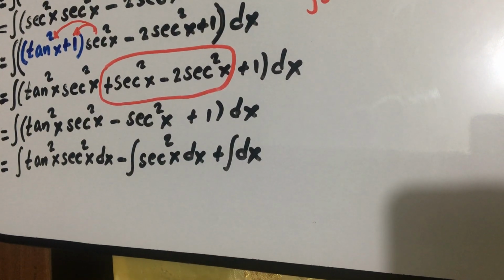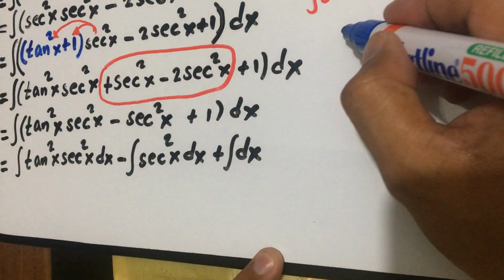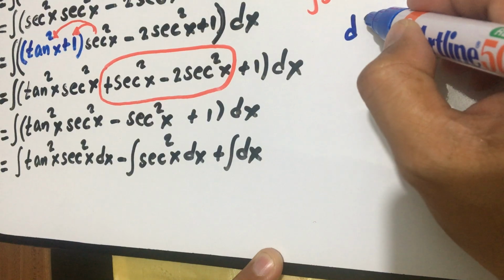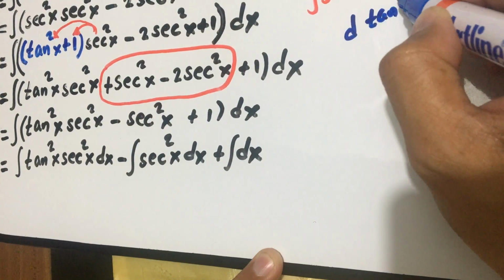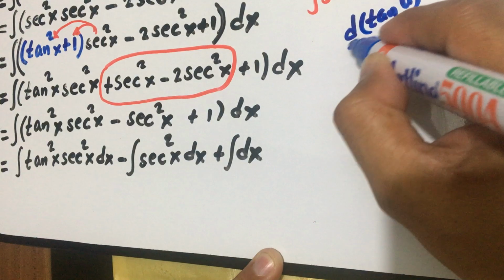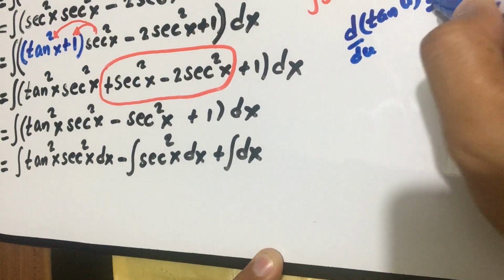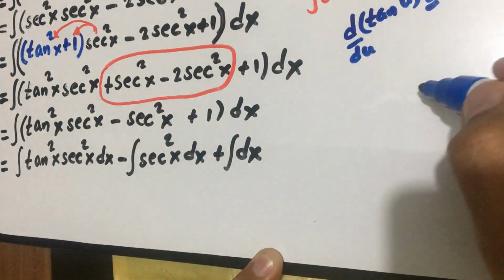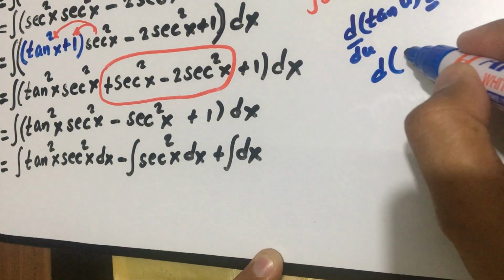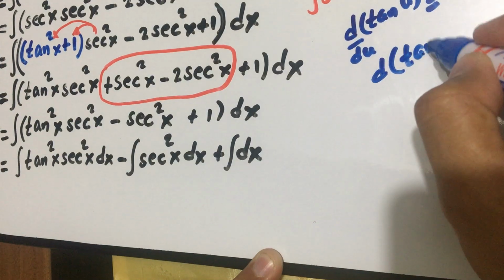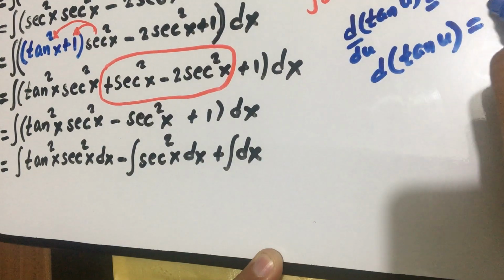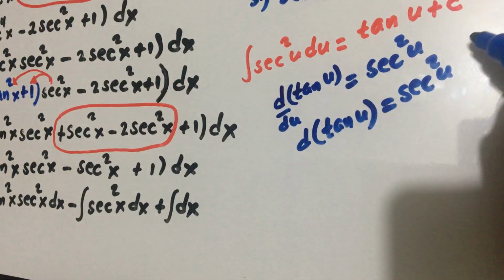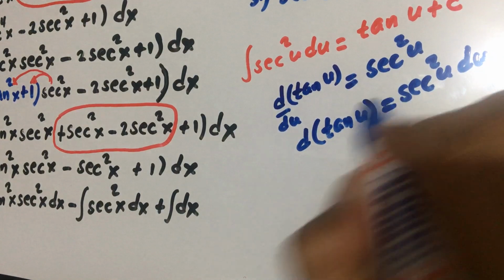and we also have a formula from our differential calculus. The derivative of tangent u with respect to u is equal to secant squared u. Cross multiply du, so you have the differential of tangent u is equal to secant squared u du.